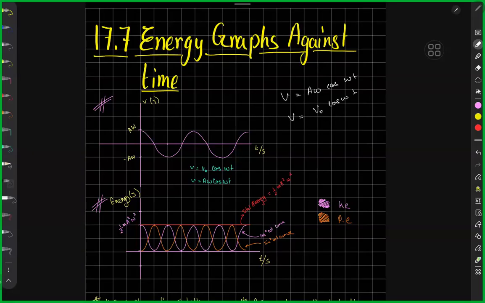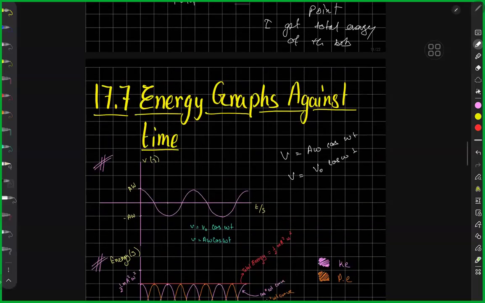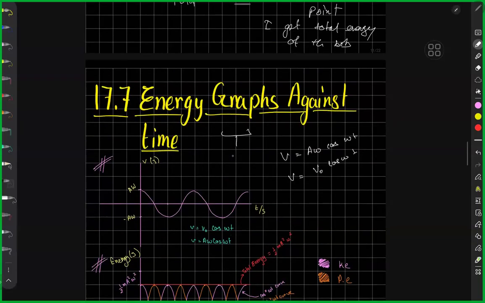So now, coming back to this, how do I plot velocity versus time? Velocity varies from positive maximum to negative maximum as a cos function. Okay, so if I define this pendulum, this is my position 1 where it's starting from.